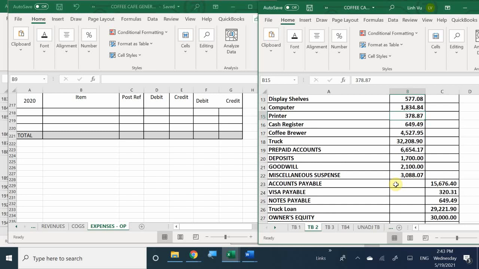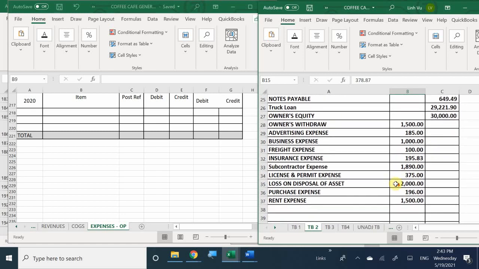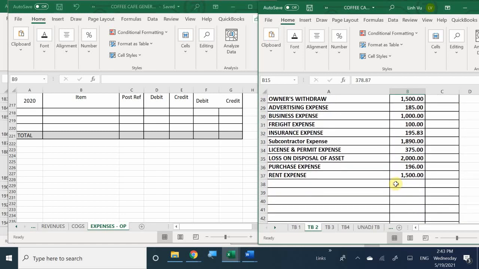Hey, can you scroll down a little bit? Yep. I'm at the bottom of owner's equity. Okay, there you go. All of your expenses. I don't know.